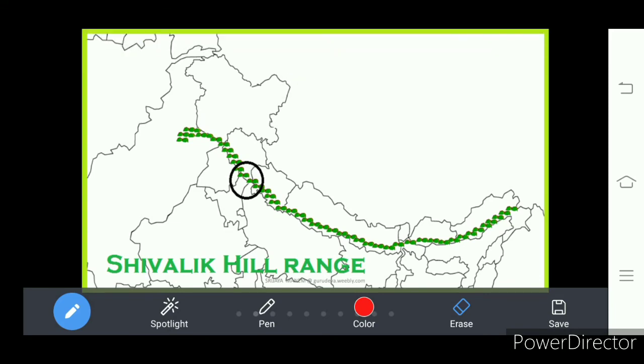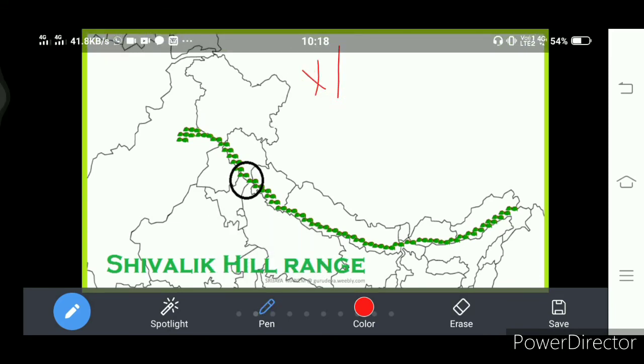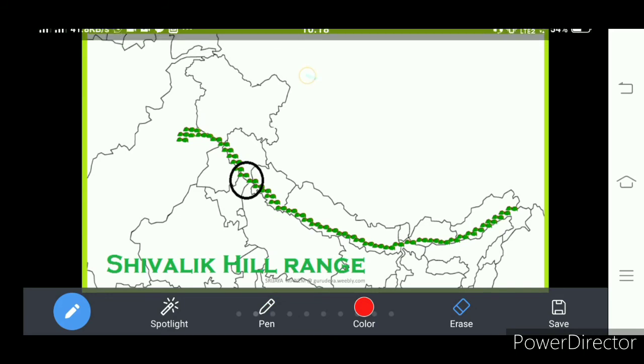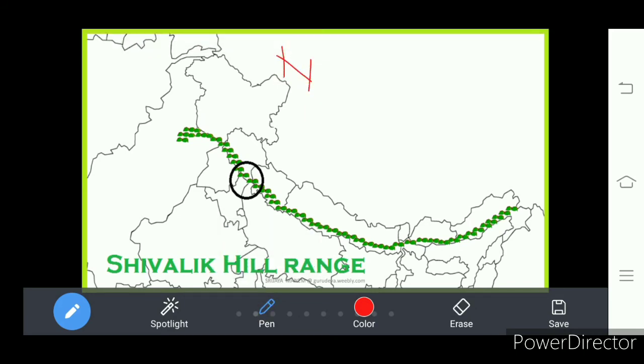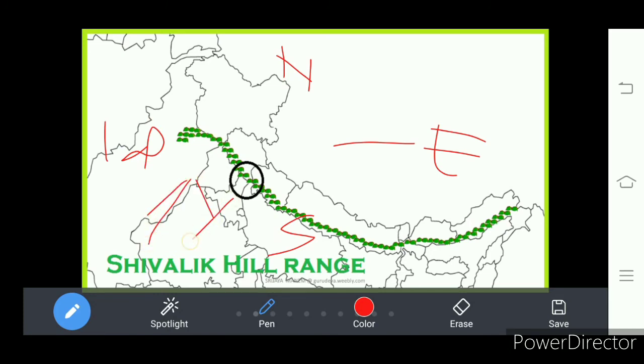This is the north direction. Let me draw here. Please look at here. This is north and south, east, west. So from southwest direction, what are passing in summer? Southwest monsoons.